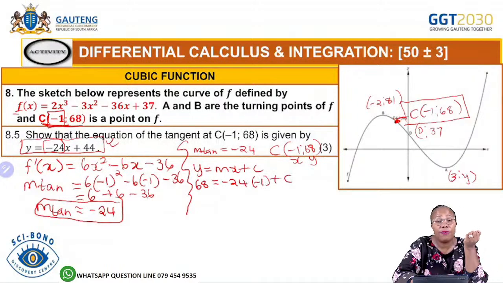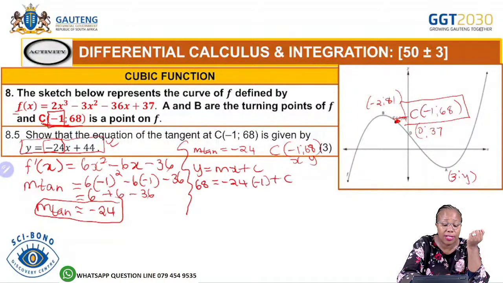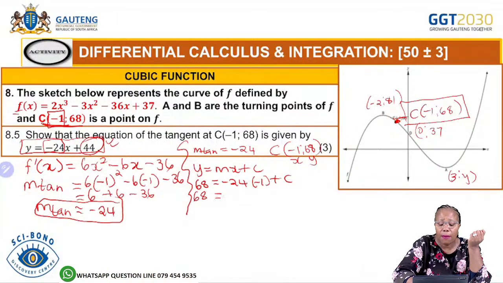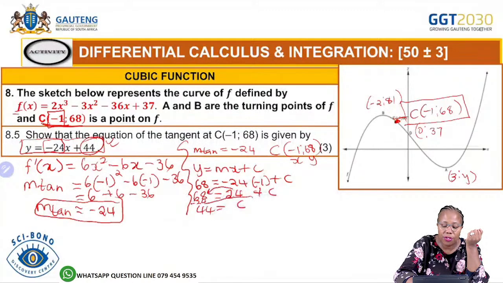We are looking for the value of c now, but we can see that we are expecting 44, right? Then this will be 68 minus 24 times negative 1 is positive 24 plus c, and then we transpose this 24 to the left, it will be 68 minus 24, which gives us 44.